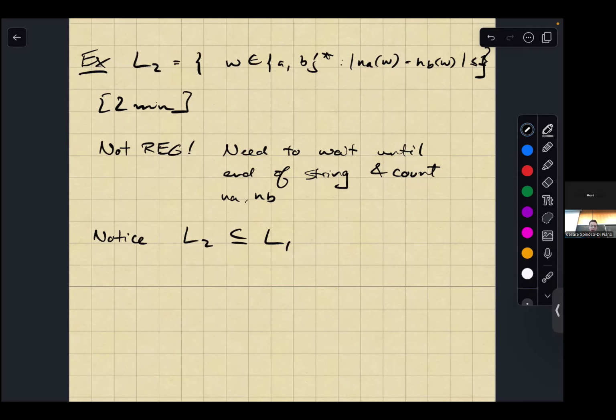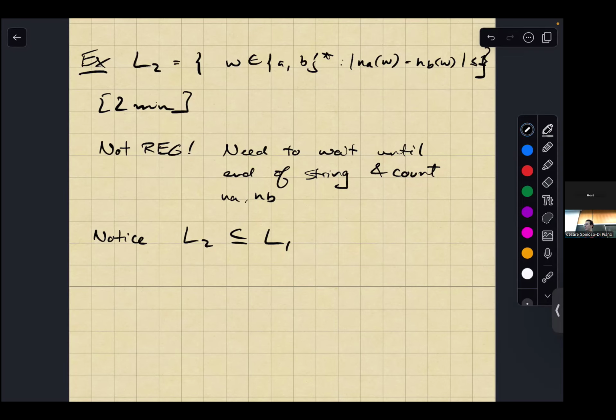But the reason why L2 is not regular is because you can imagine it's even harder. If you have some very large set, then it's very easy to distinguish whether or not something is in the set. But once you make the set much more specific, then it becomes much harder to have a very simple rule to distinguish whether it is or isn't in the language.